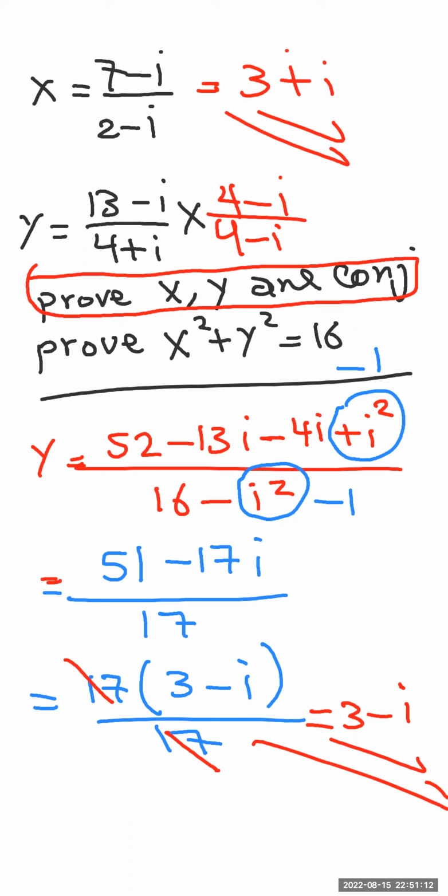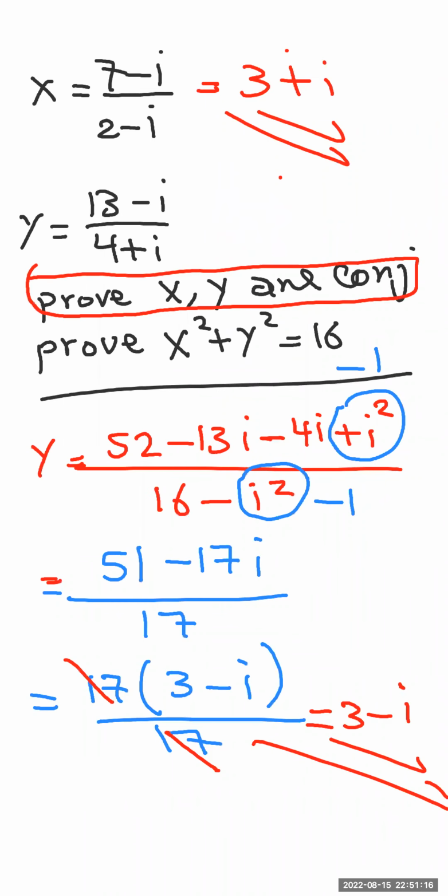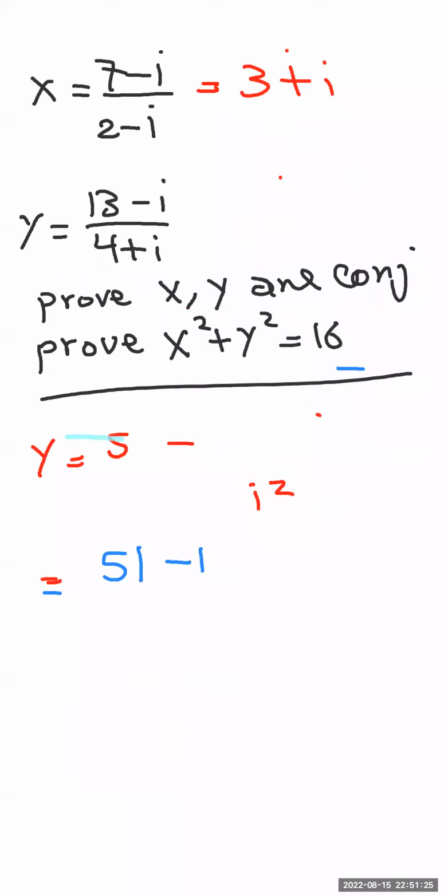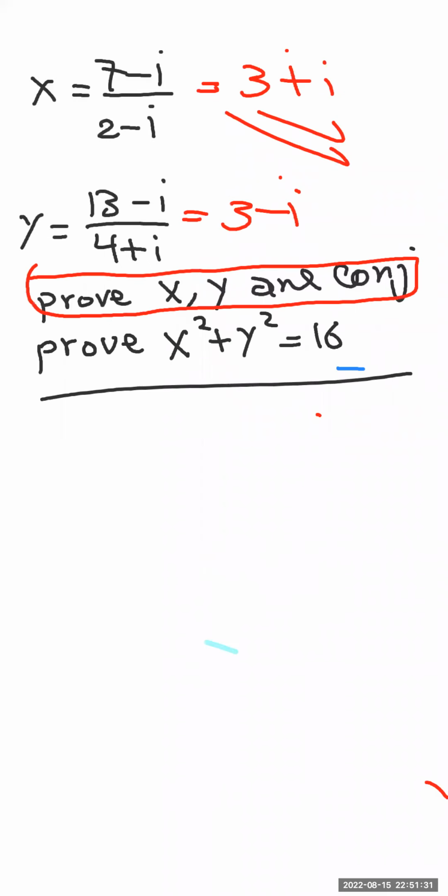Okay, so y, after simplification, was equal to 3 minus i. Then I will clear all this and start solving the next requirement, which is to prove that x squared plus y squared equals 16.